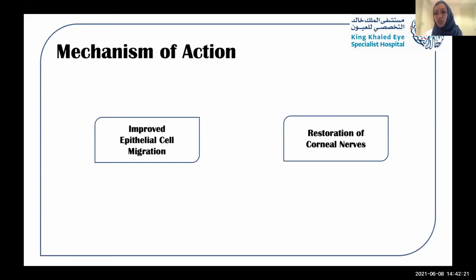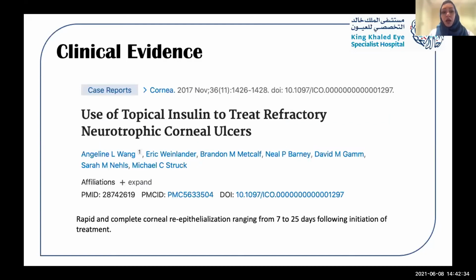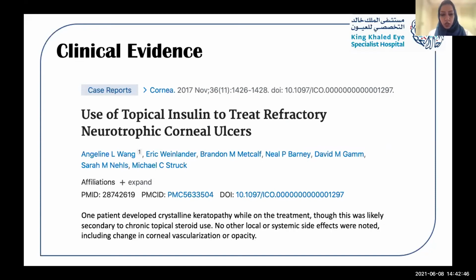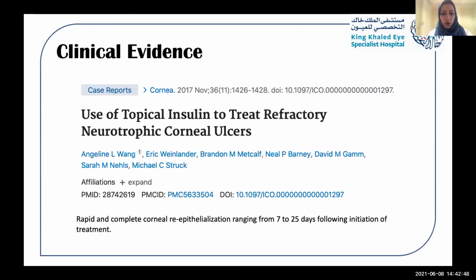This is why I started my talk with the whole back to basics. I know we don't always enjoy going back to these complicated factors, but they are really the base of all of these innovations. Using topical insulin, we have this case series where they used the insulin for 6 patients, and all of them showed complete corneal reepithelialization between 7 to 25 days from treatment.